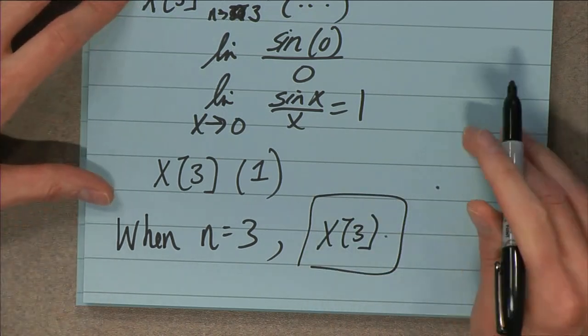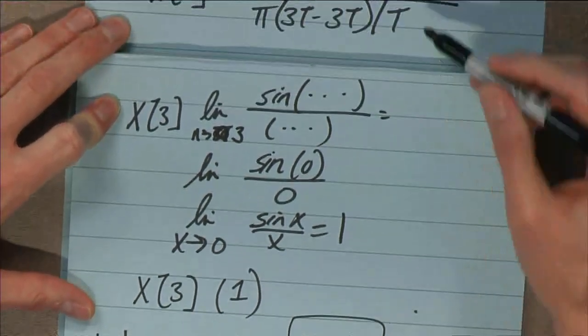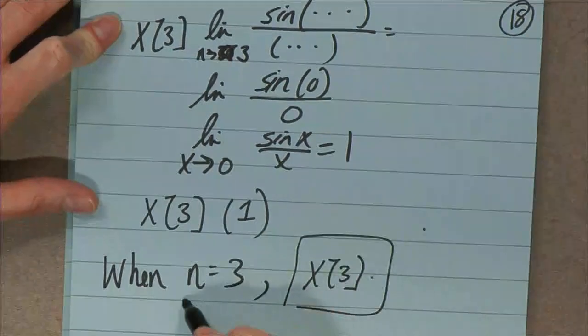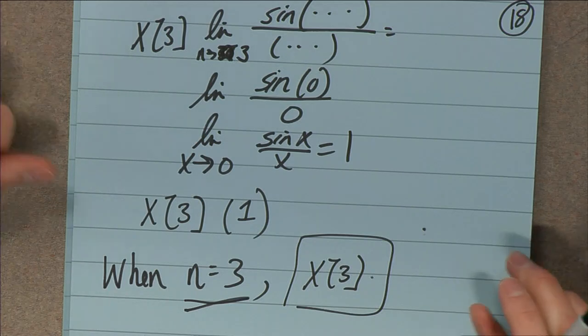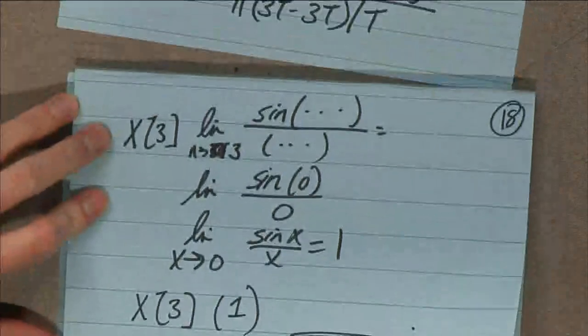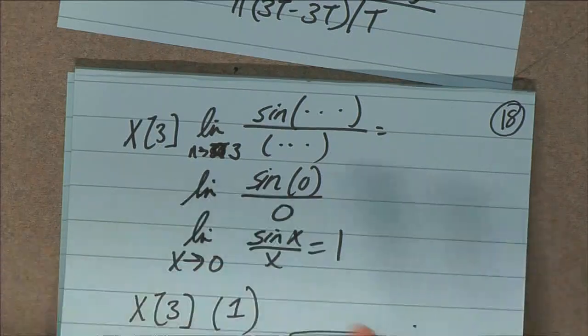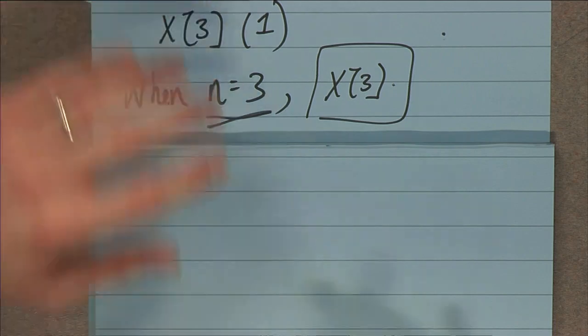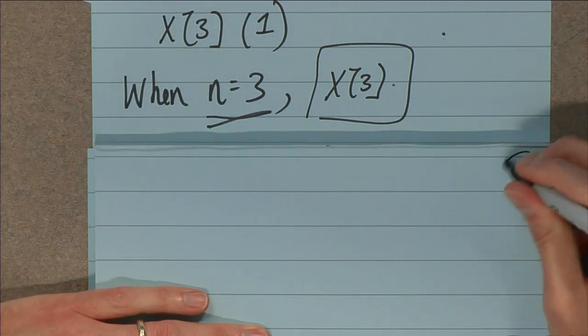That's the value of that whole sinc expression. Now that was just one value. What about the infinity of others? And so that's our next step, to see what happens. So we've got one of them down, infinity to go.